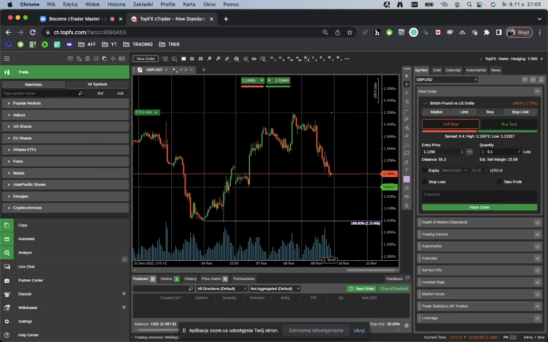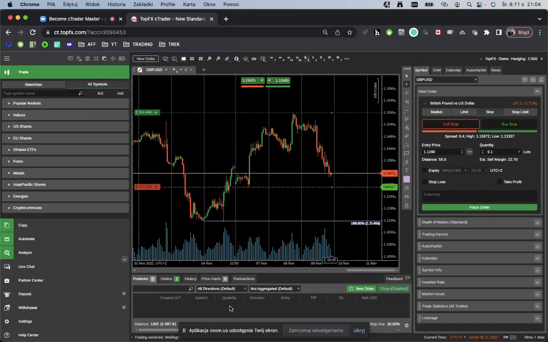If market goes below this level, you will sell as well. So there you go. You place sell stop and you wait for this order to be filled. Let me just remove these orders from my screen, if this is possible.